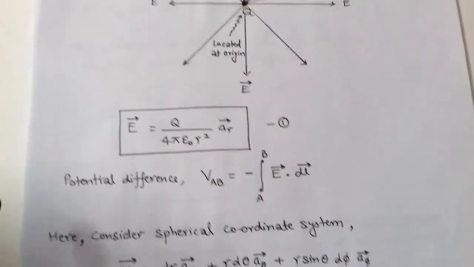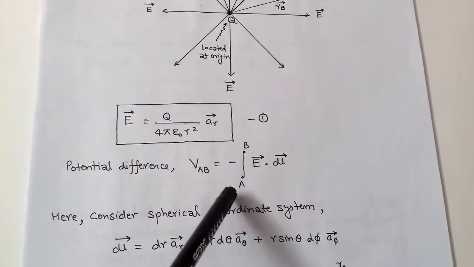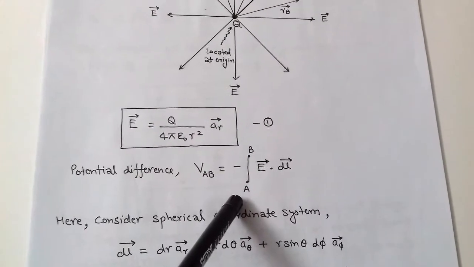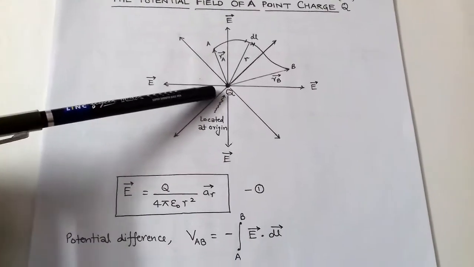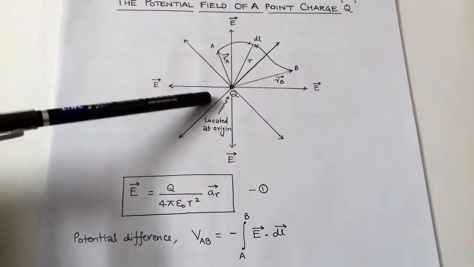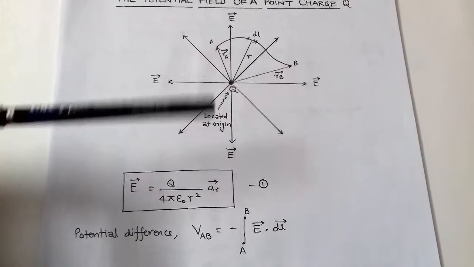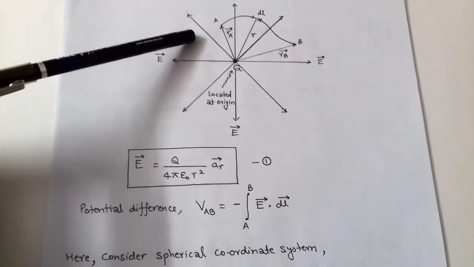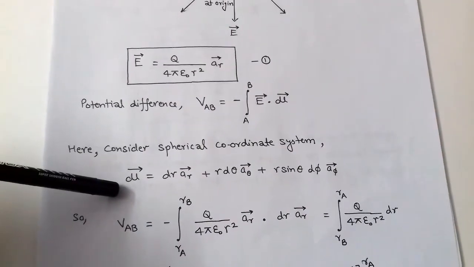And also we know that the potential difference VAB equals minus integration E dot dl, with limits from A to B. Since the point charge Q is spherical in shape and the electric field originates from this positive charge in all three directions, it acquires a spherical shape. So here we consider a spherical coordinate system.